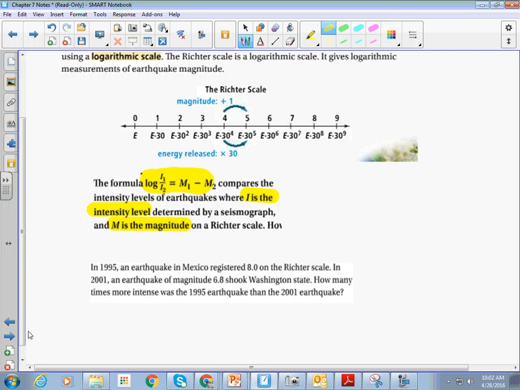In 1995, an earthquake in Mexico registered 8 on the Richter scale. In 2001, an earthquake of magnitude 6.8 shook Washington State. How many times more intense was the 95 earthquake than the 2001 earthquake?